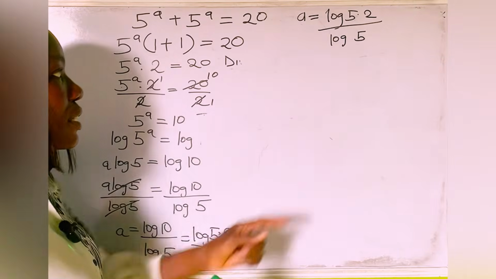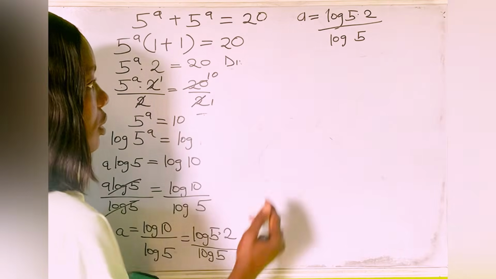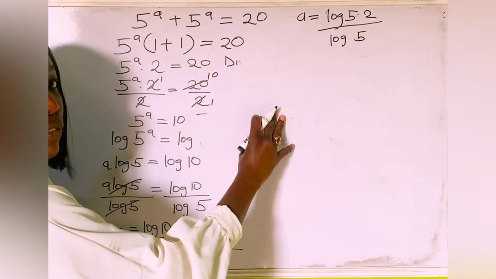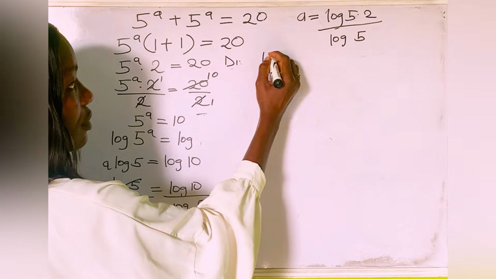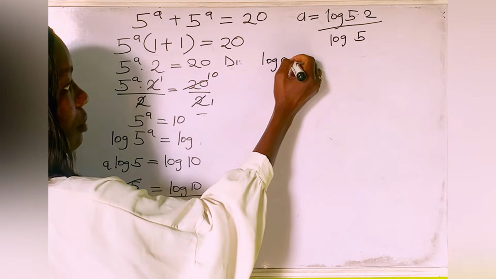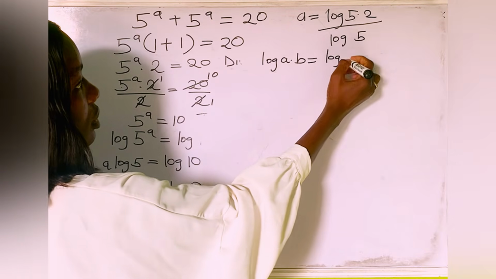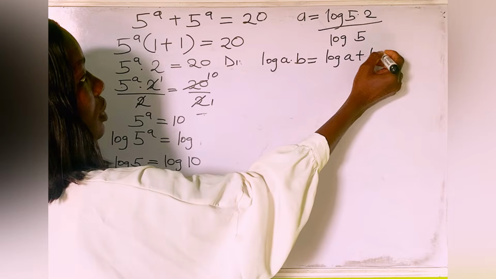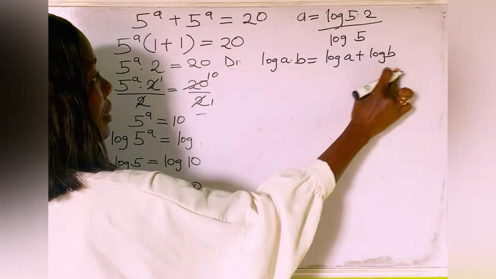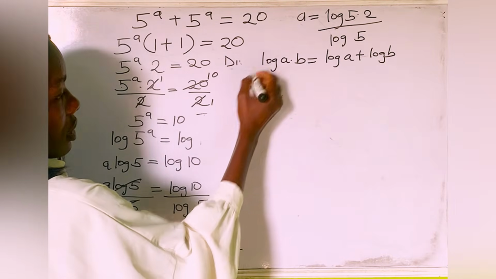Now we have this product here, and to transform it using the law of logarithm, when you have log of a multiplied by b, it is the same thing as log a plus log b. So let's apply this in this part.